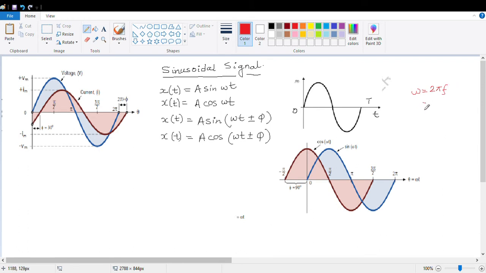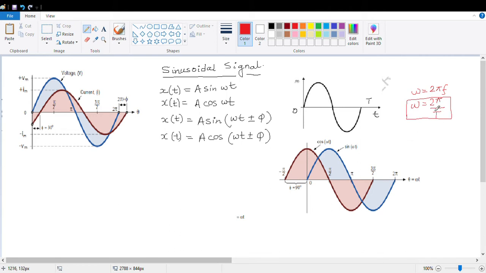We know the relation between f and time period T: omega is equal to 2πf and f is equal to 1/T. So we can write 2π/T equal to omega. This is an important relation of any sinusoidal signal.